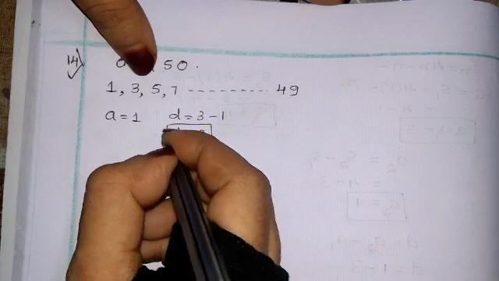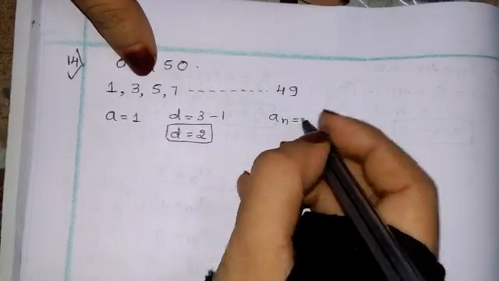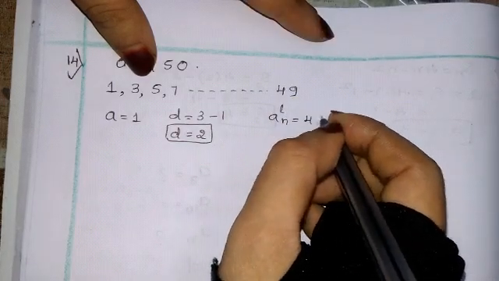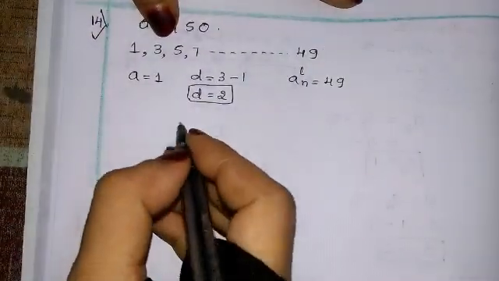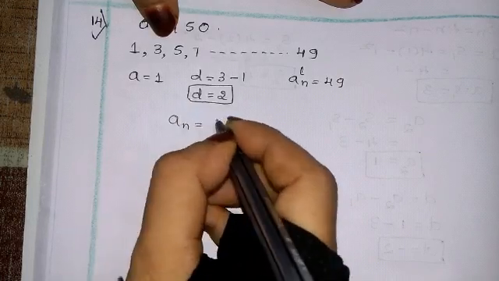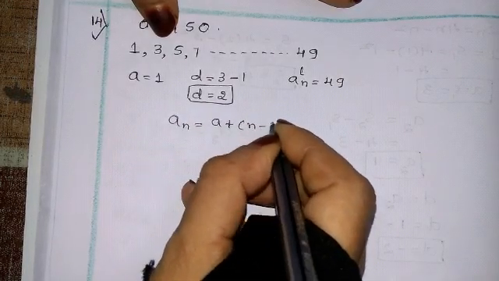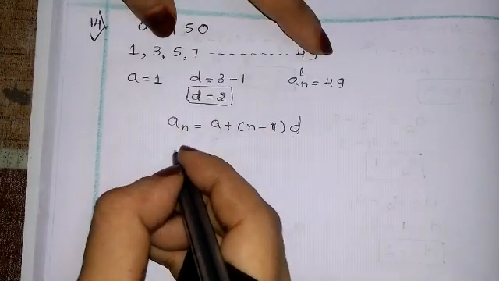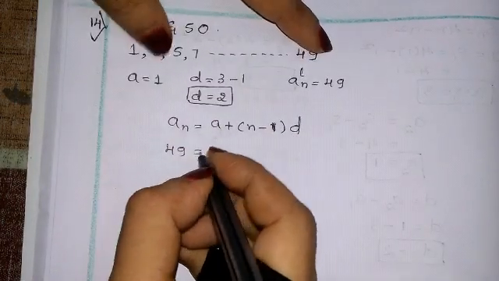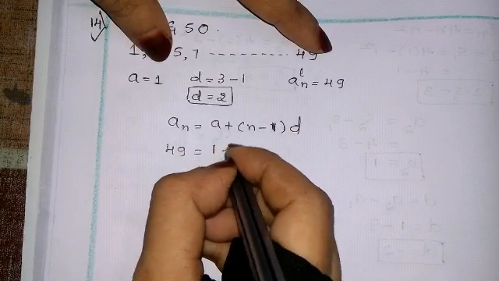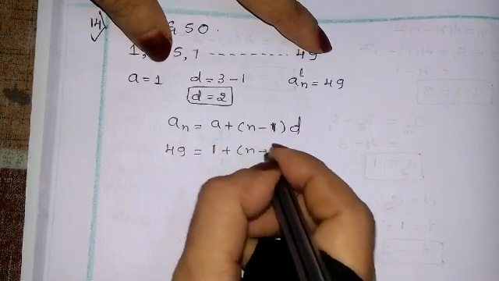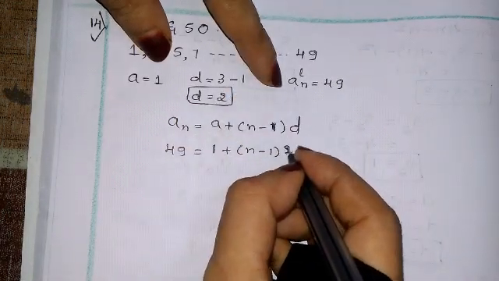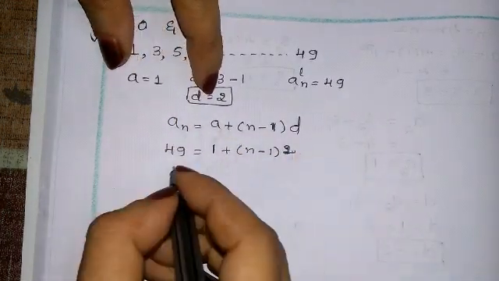And an, also called the last term, is 49. Let us use the formula: an is equal to a plus (n minus 1) d. 49 is equal to 1 plus (n minus 1) into 2. d value is 2.